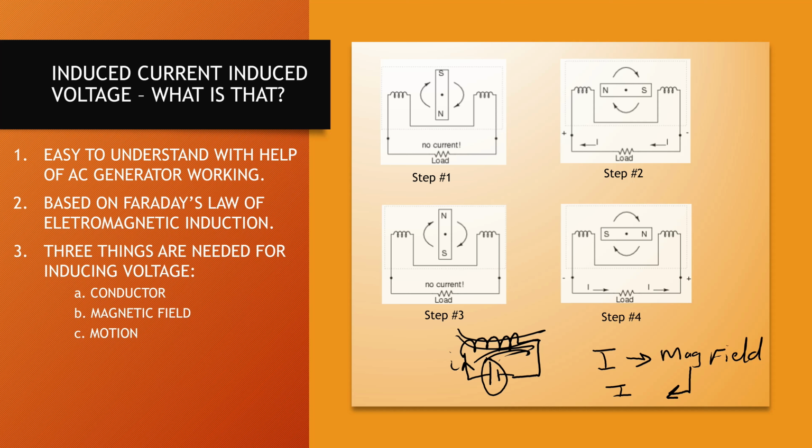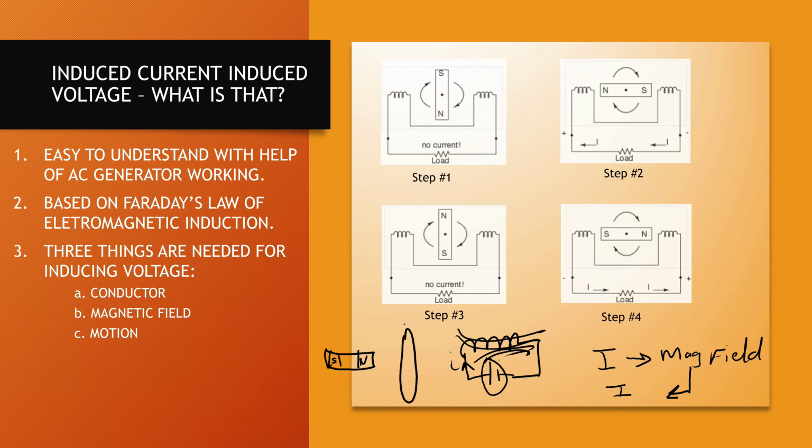Whenever there is a change in the magnetic field, he saw that current was getting induced in the coil. So let's say you have a magnet like this, with a south pole and a north pole, and you have a conductor like this connected to a bulb.